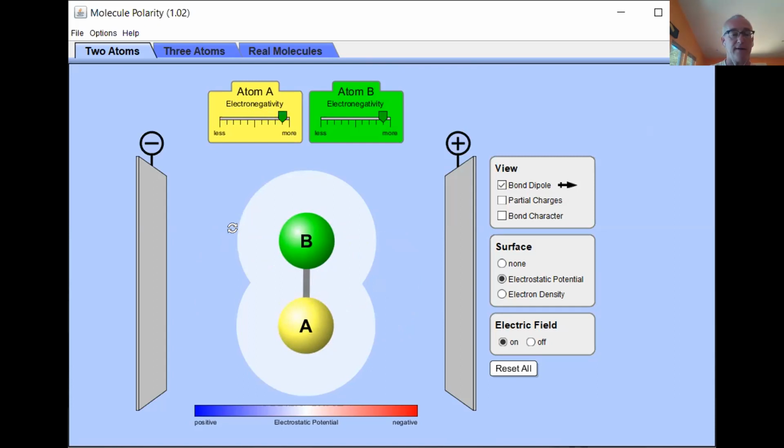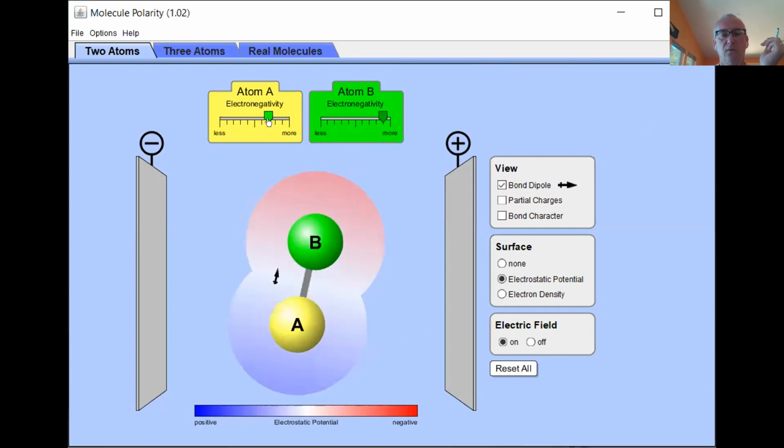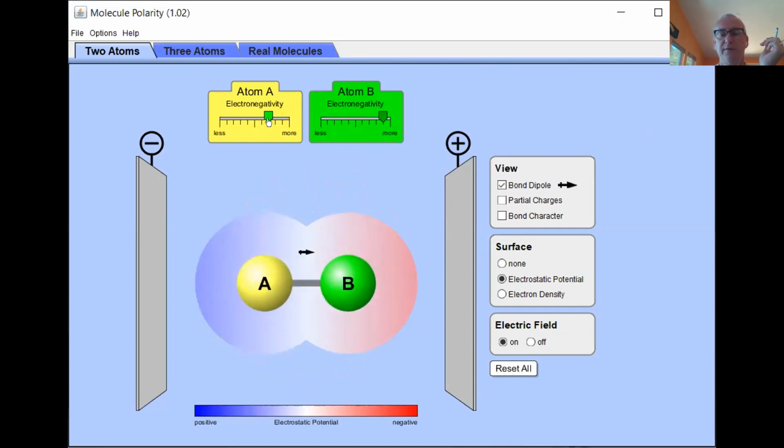It doesn't have a part of the molecule that has a partial positive and a partial negative side. It's completely even all the way around. So putting an electric field in there does nothing. And all I need to do is change the electronegativity just a little bit, and then it reorients itself, okay?